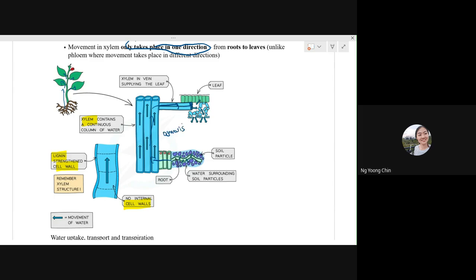Once the water gets into the leaf structure, initially it will enter into what we call the mesophyll cells of the leaf, the spongy mesophyll cells and the palisade mesophyll cells, right? So it will enter into the mesophyll cells, and then where will it go? It will get into the air space.